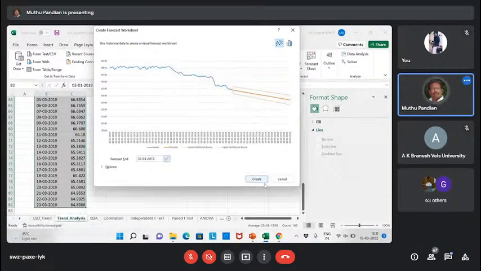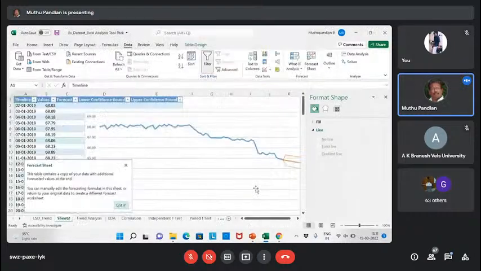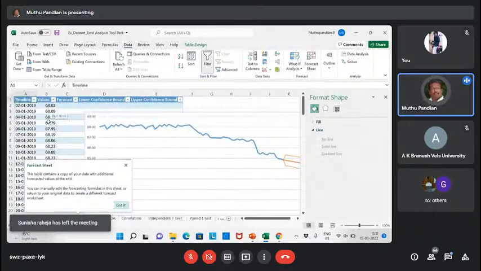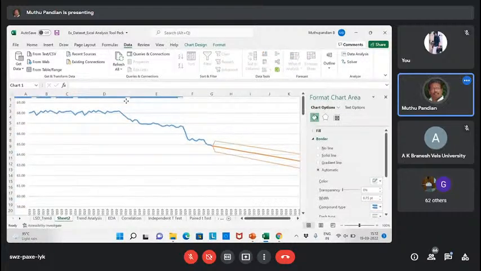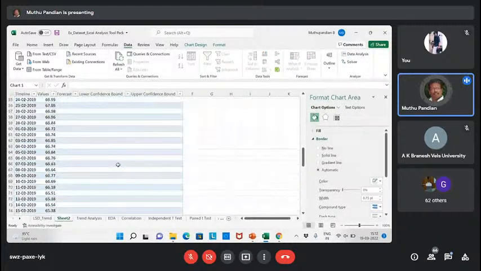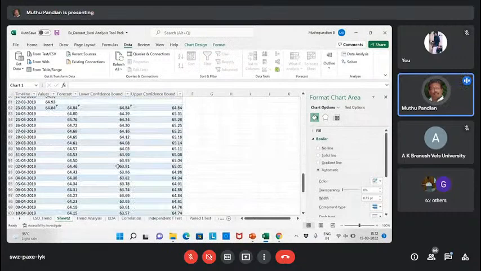After it is done, you click create. In a new sheet, the predicted data as well as the predicted graph will be available. This is the predicted graph, and if you go down, you will get the predicted data.